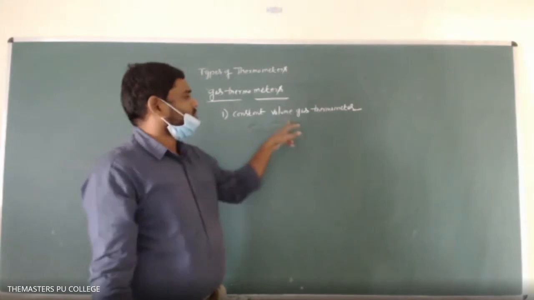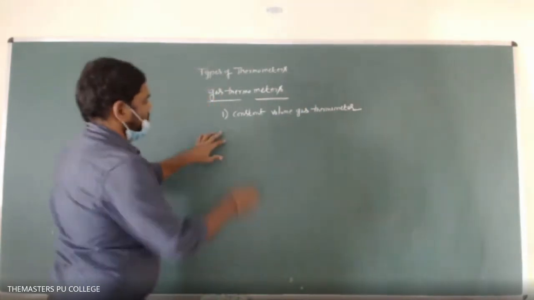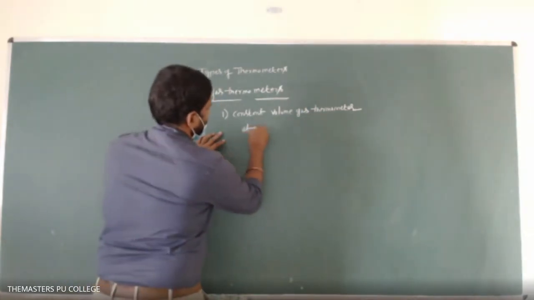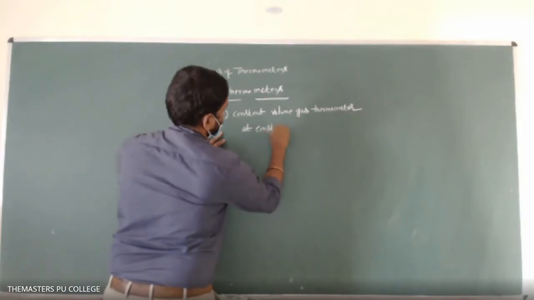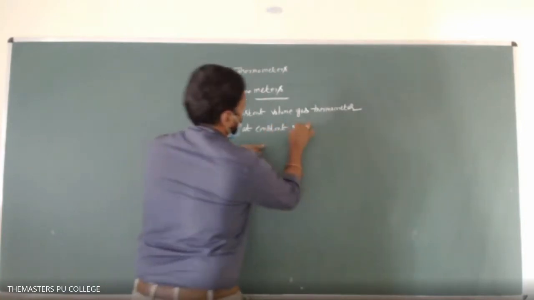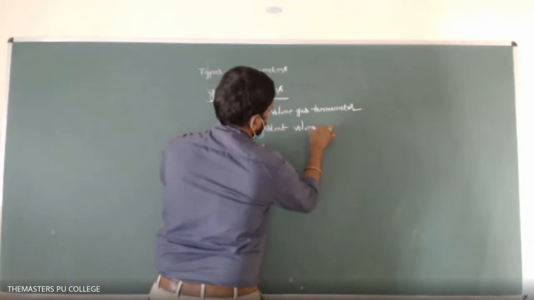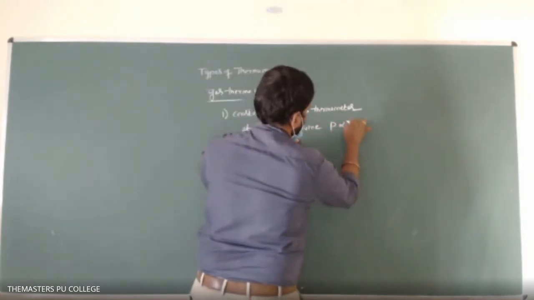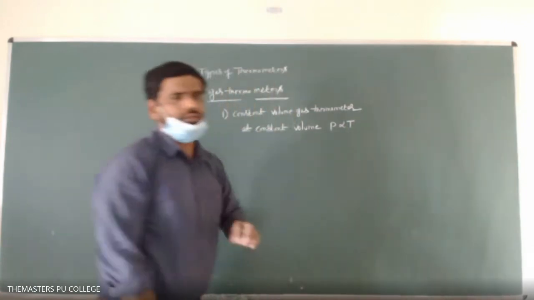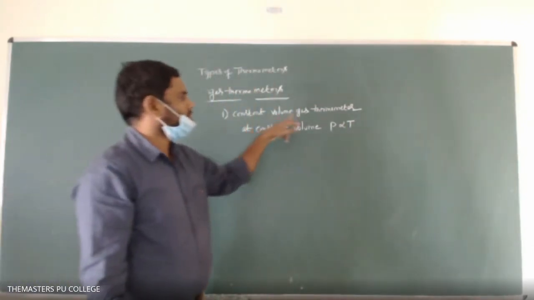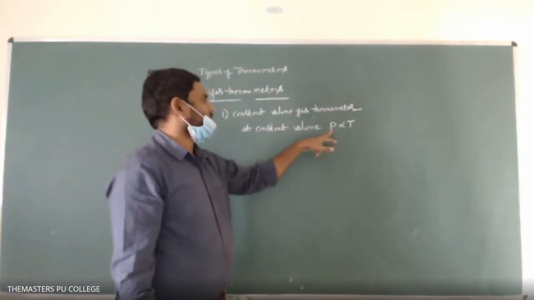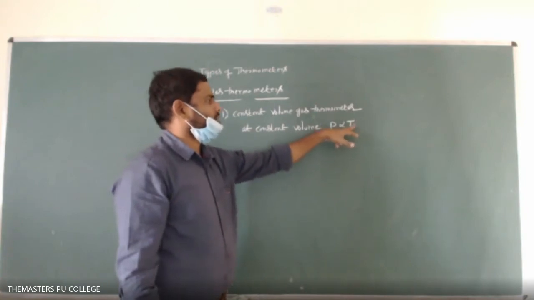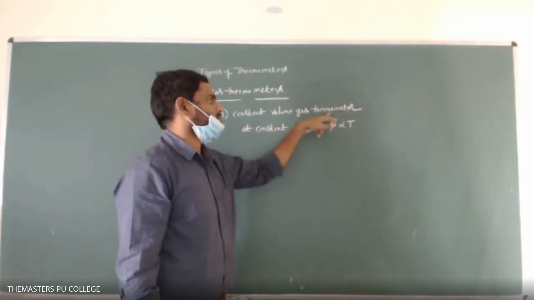Constant volume gas thermometer means at constant volume, the pressure of a given mass of gas is directly proportional to temperature. When the volume is kept constant, the pressure of the gas increases with temperature. If the temperature increases, the pressure also increases.